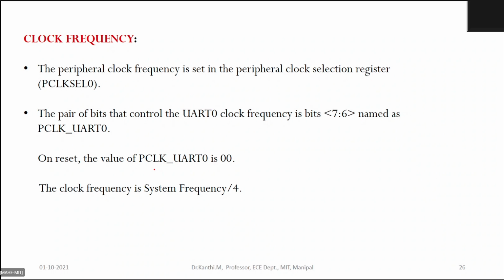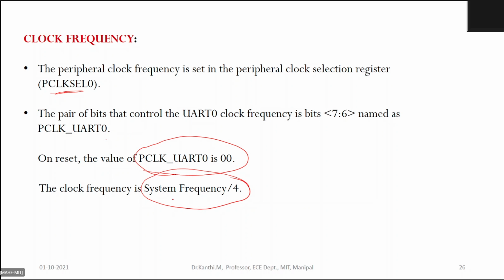The peripheral clock frequency is set in the peripheral clock selection register. There you select; 2 bits are used, that is PCLK_UART0. Once reset, this PCLK_UART0 will be 00, so the clock frequency is system frequency by 4.